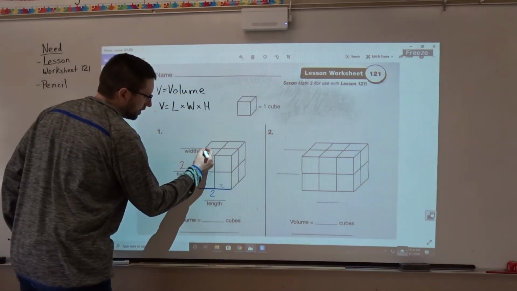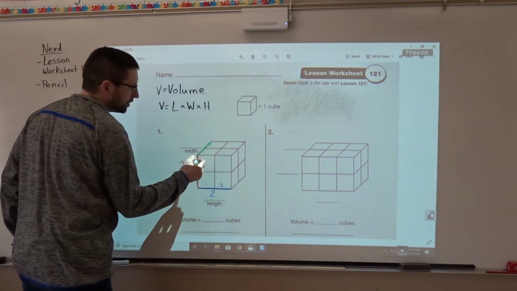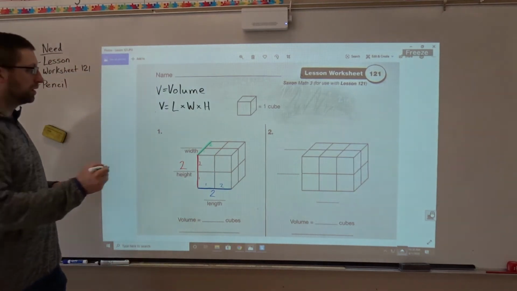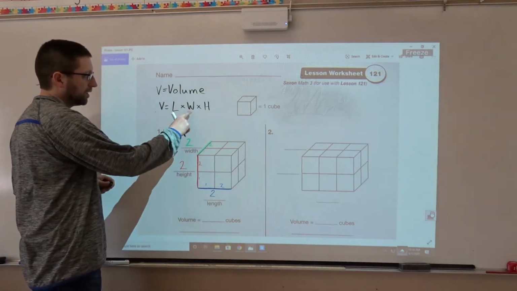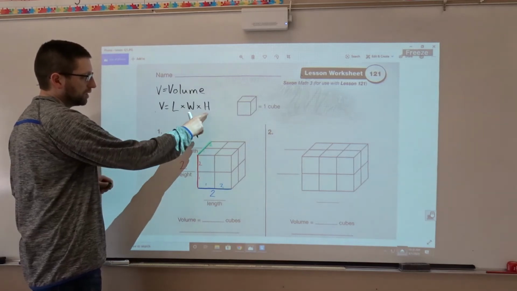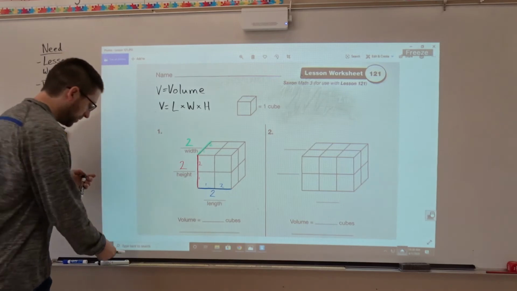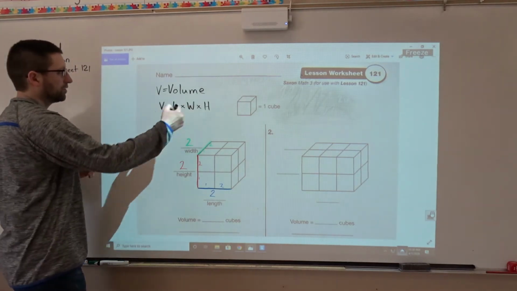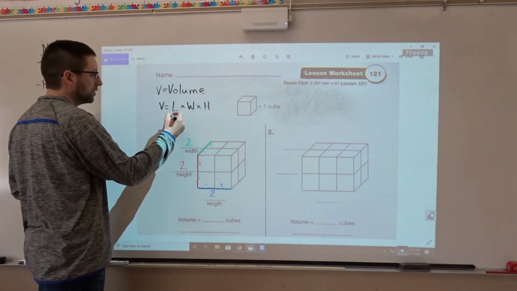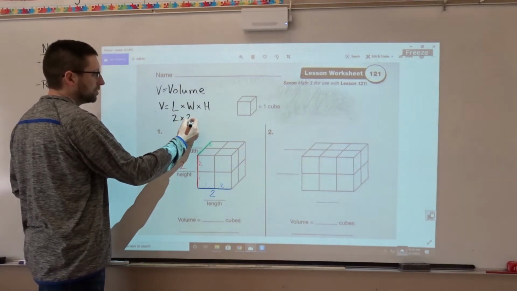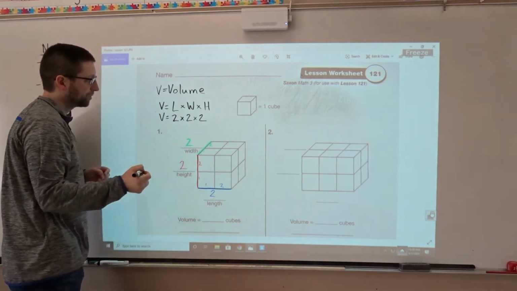And that's right here. And that is 2 cubes wide. So my length is 2, my width is 2, and my height is 2 cubes. So I'm going to put those numbers into the formula I just wrote here. This is a formula, length times width times height. So 2 times 2 times 2, and that will tell me my volume.